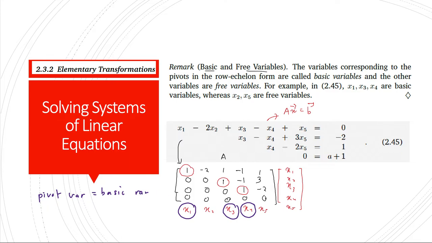What about x2 and x5? x2 and x5 are our free variables. So when you want to solve this equation, x2 and x5 can be any real numbers.